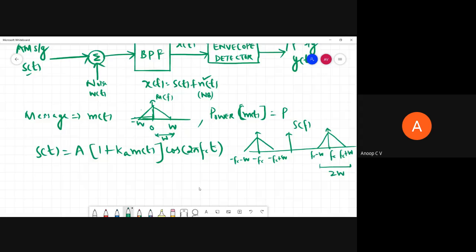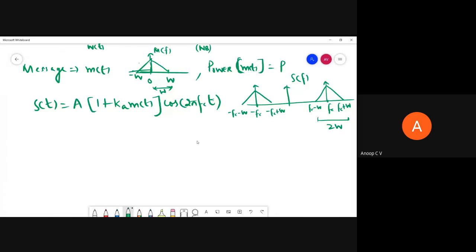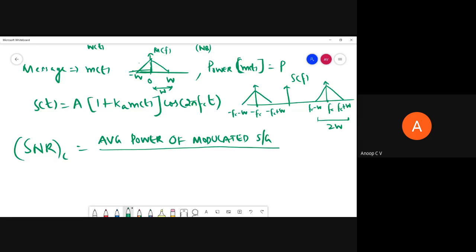Initially, what we need to find is the channel SNR, that is SNR C. It is defined as the ratio of the average power of the modulated signal divided by the average power of noise within the message bandwidth.